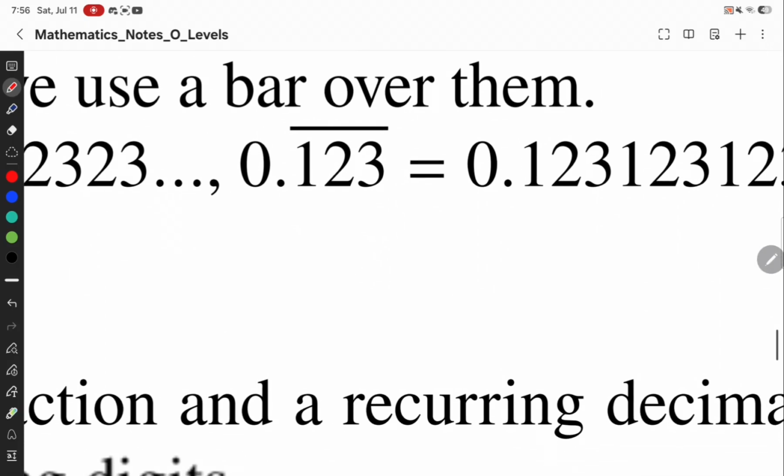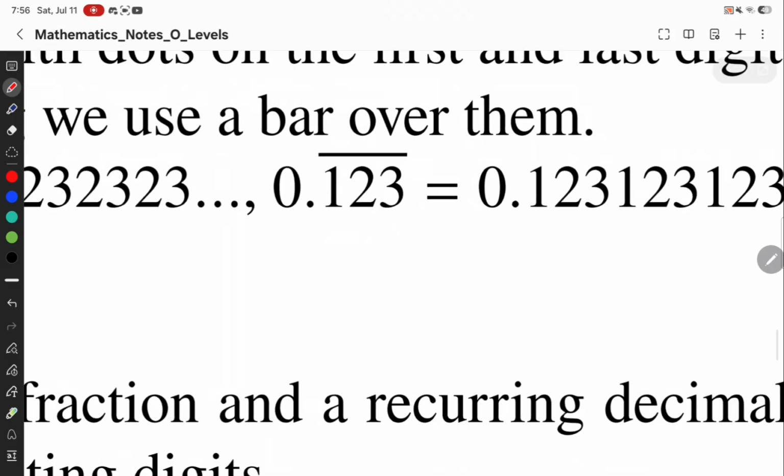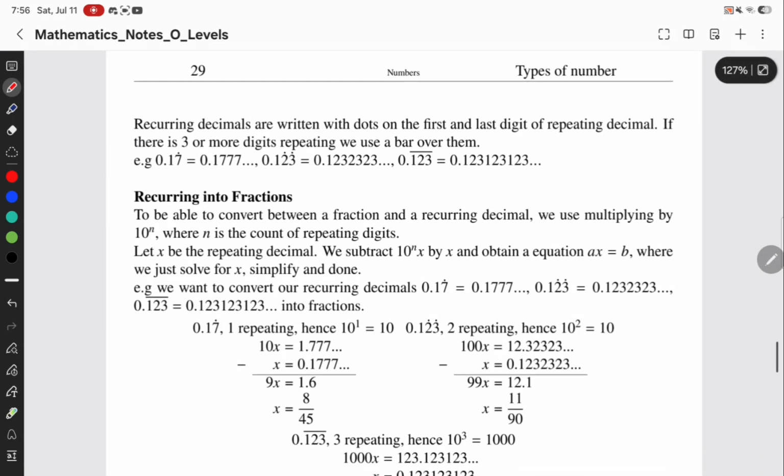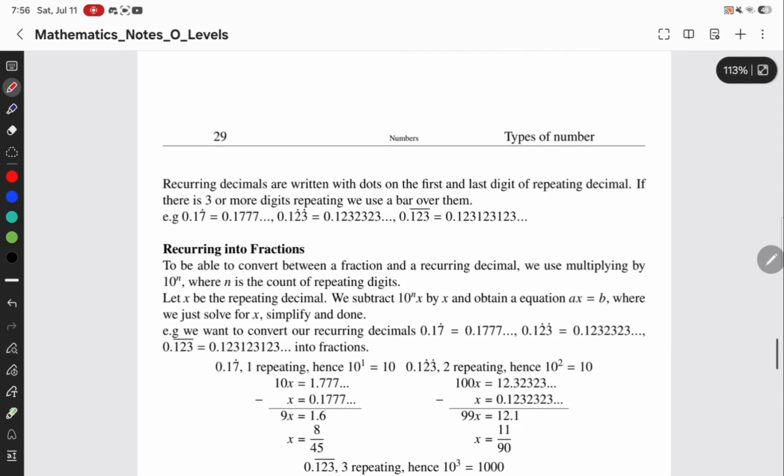And if there's a bar over it, it means the group is repeating. I've not seen a paper using this bar notation before. Comment down below if you have, either from 0607, or 0580.